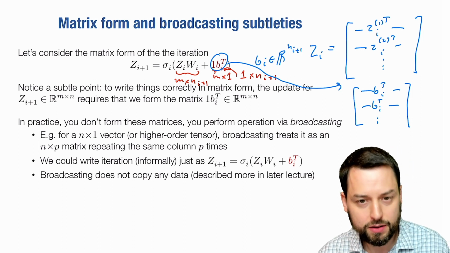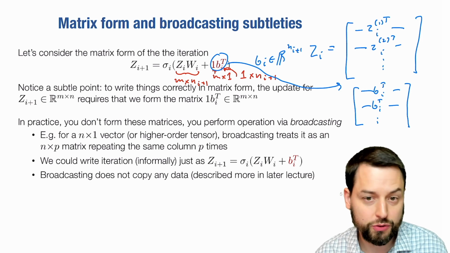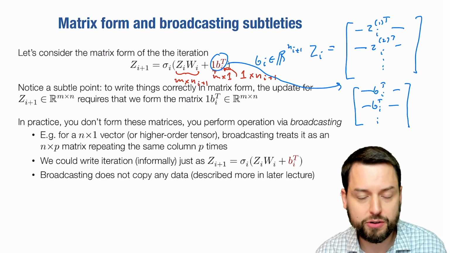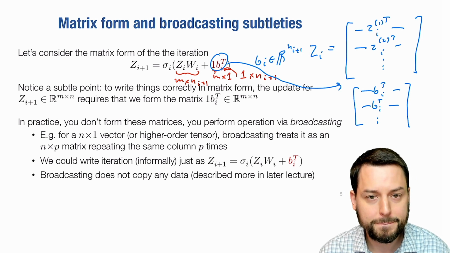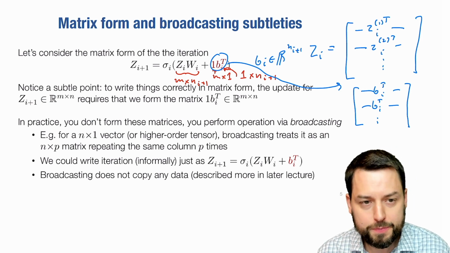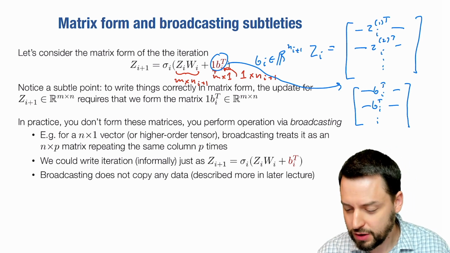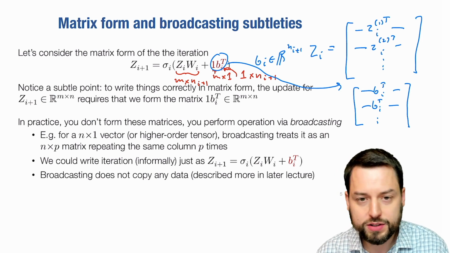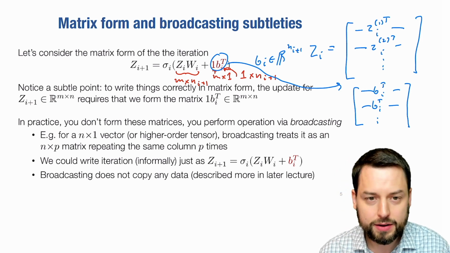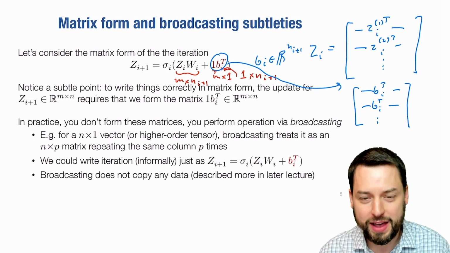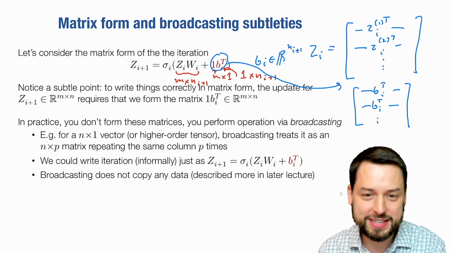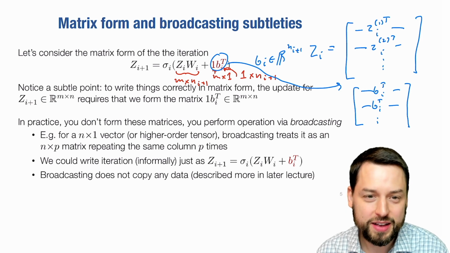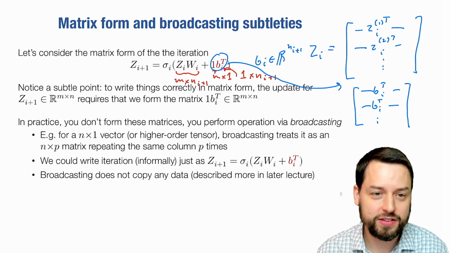We have to do that in linear algebra, to write this precisely, in order for these operations to make sense as matrix operations. Now, in practice, though, you don't want to actually do this. You don't want to explicitly form an m by 1 vector, multiply it as a matrix multiply with the transposed version of your bias and all this kind of stuff.